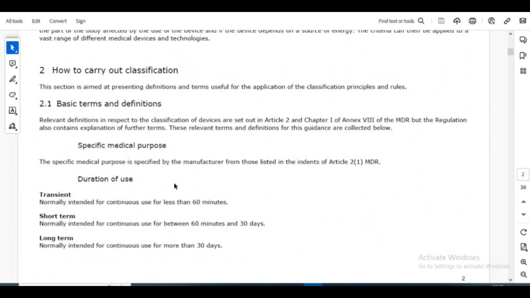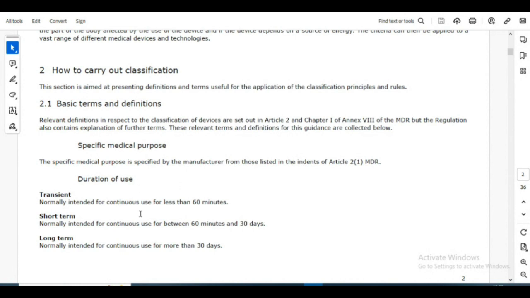It is not mandatory that this intended purpose applies to all medical devices, but it is specific to that medical device only. So we can find a specific medical purpose as per Article 2.1 of MDR. And I will show you how you can go through the different articles or sections of MDR. Now, duration of use.